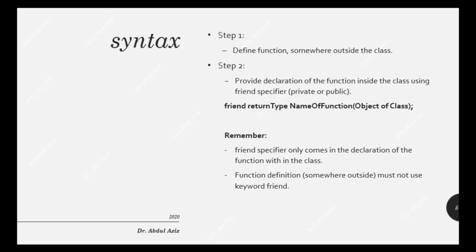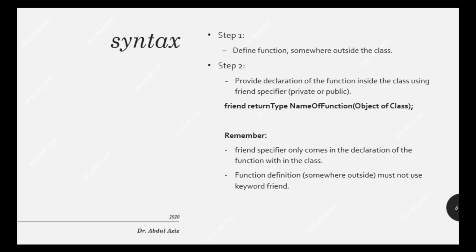It is a friend of that particular class, the class in which this function is being declared. So we are going to use the friend specifier only when we are declaring the function, whereas the definition will not contain any friend specifier.